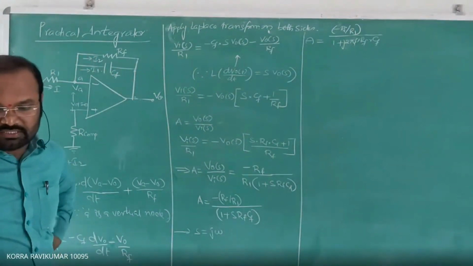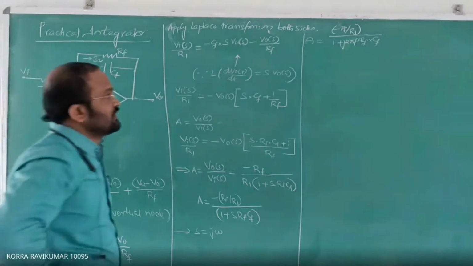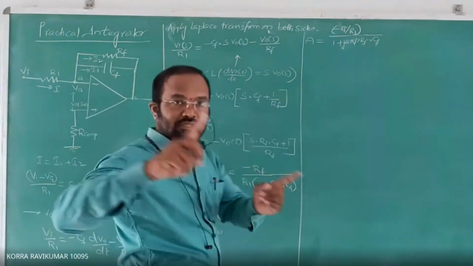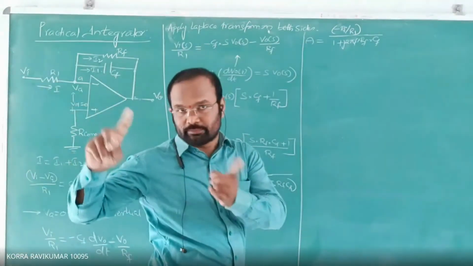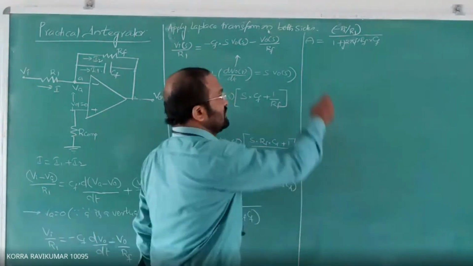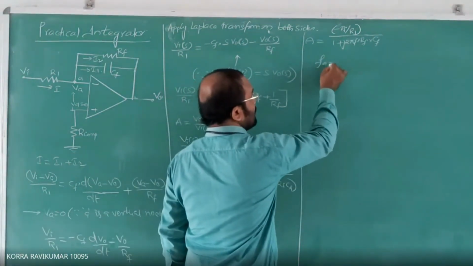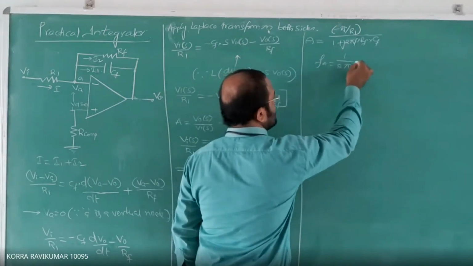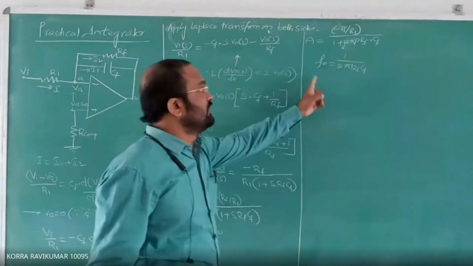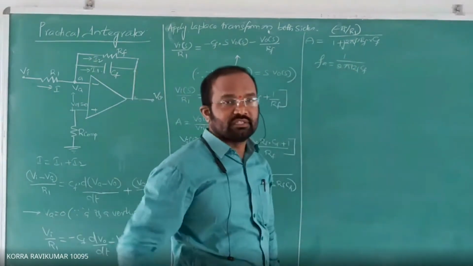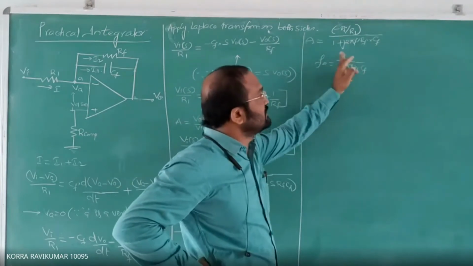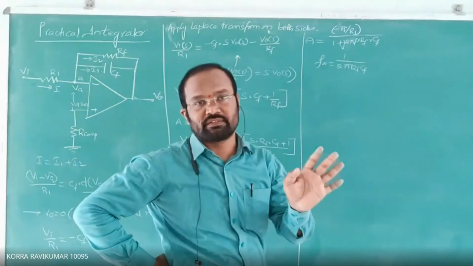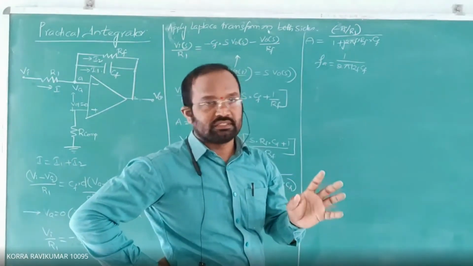But what do we know? We know from the ideal integrator circuit derivation, the previous topic, that fa is equal to 1 by 2 pi RF into CF. This value is equal to fa, a frequency value, the lower cutoff frequency fa.